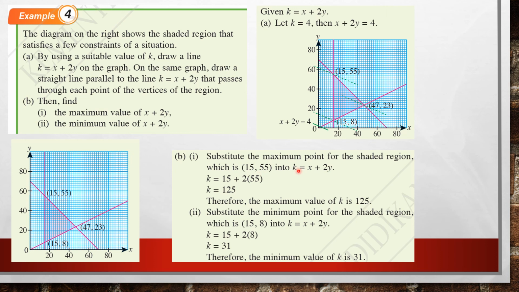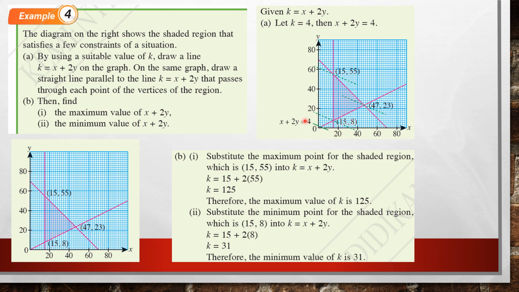That means this line, when you bring it up here, you can take a ruler and bring this line, follow the line.